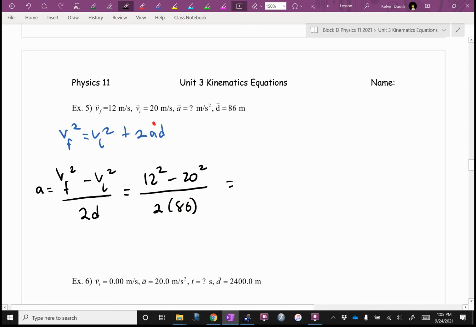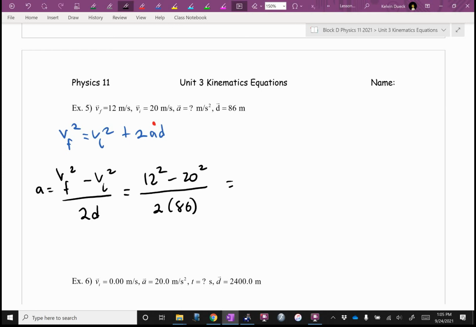Zach, is this a fraction? Is there more than one thing on the top? I'll have to put brackets around the top. Is there more than one thing on the bottom? Yes. Unless I have the fancy fraction button, I'm going to need brackets on the bottom. And you get a little bit of a weird answer, or do you?